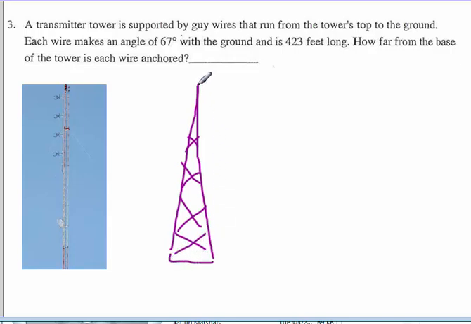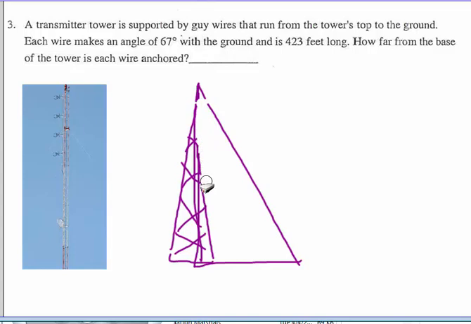Anyway, at the top of this tower, you got a guy wire, and it goes to the ground. And they're all over the place going to the ground, and then they make like a right triangle with one of their sides at least. Let me try to get rid of the stuff I drew so it'll look more like a right triangle.